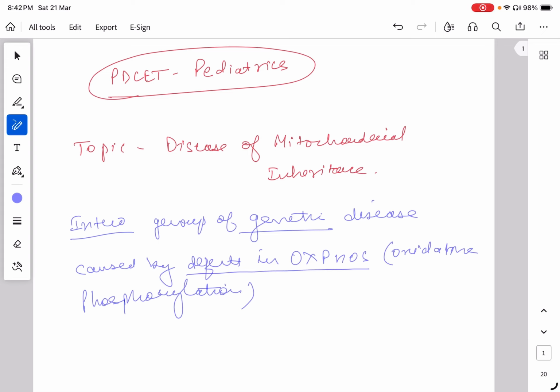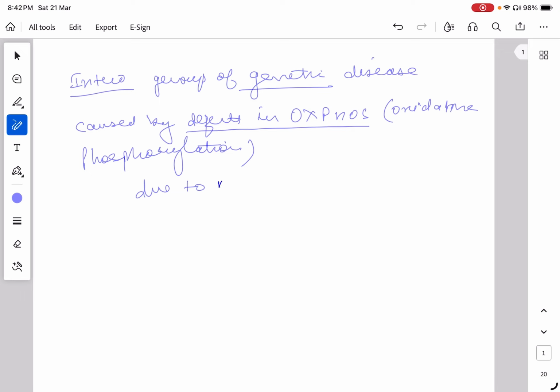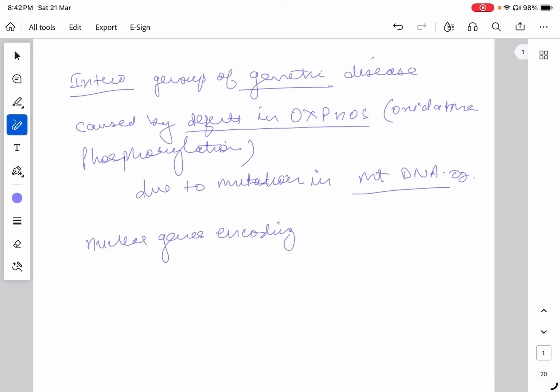And this is due to mutation. Now this is important: mutation in what? Mutation in the mitochondrial DNA or the nuclear genes encoding mitochondrial proteins.